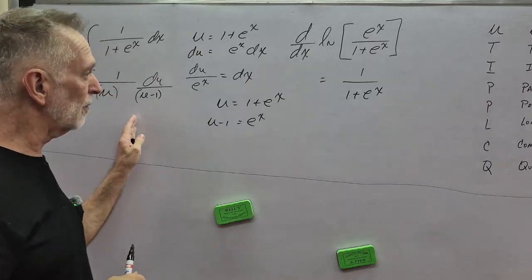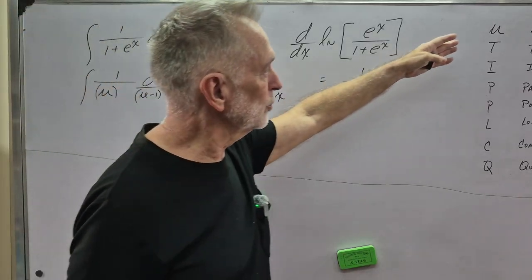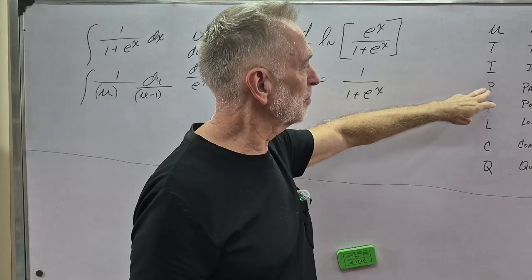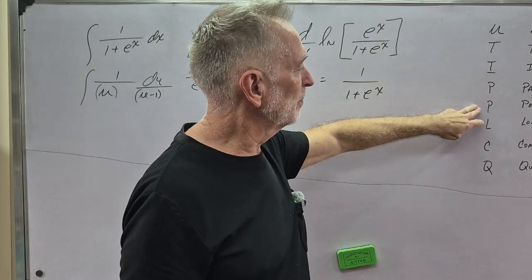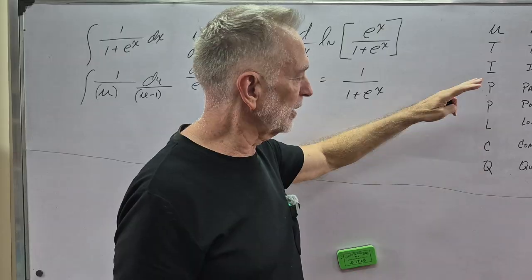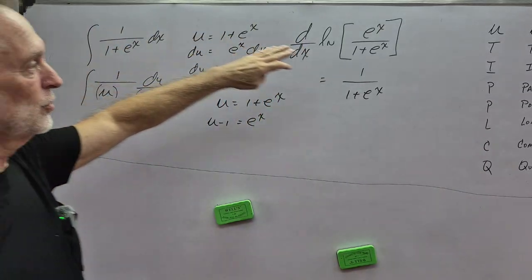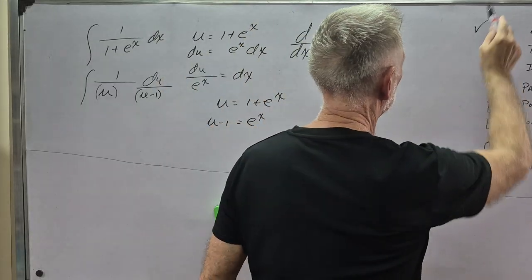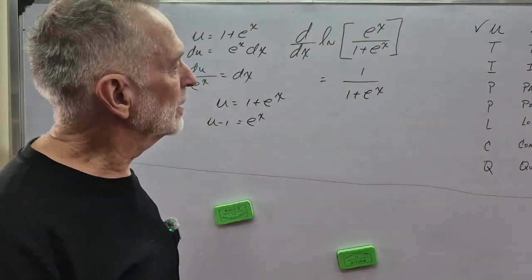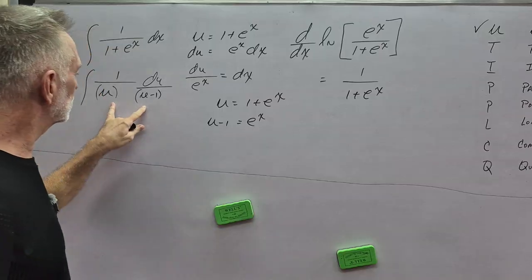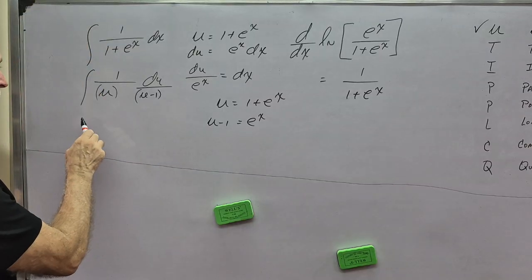By the way, the tools: u sub, trig sub, integration by parts, partial fractions, power reduction, long division, completing the square, method of quadratics. We've just used u sub, so we've used this tool. Now partial fractions. This is perfect for partial fractions.